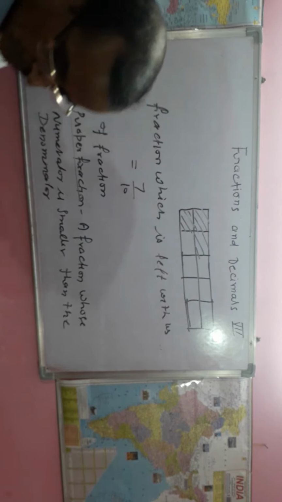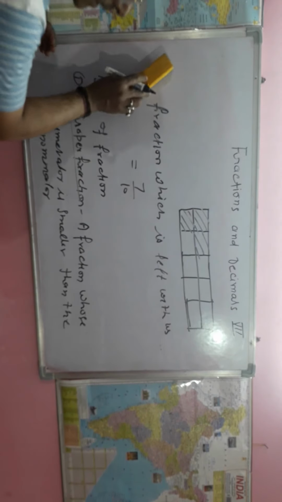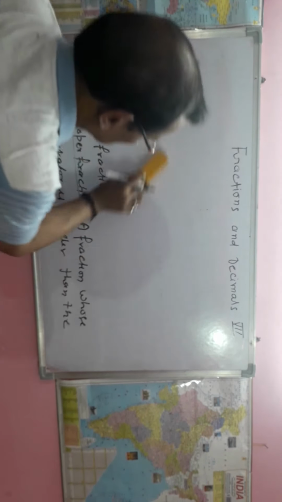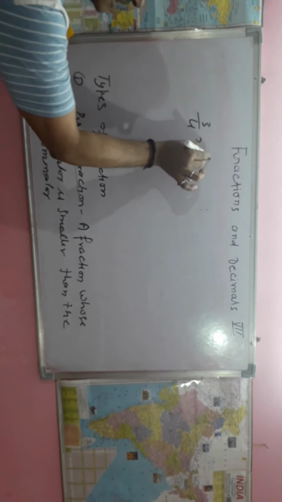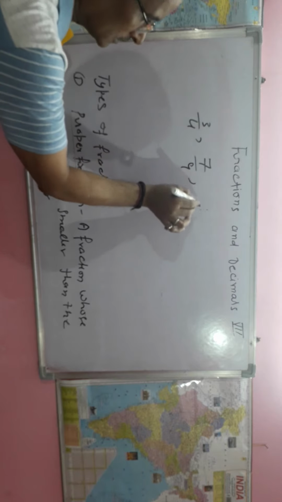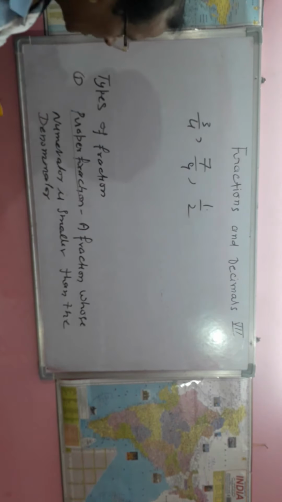Now we take some examples of proper fraction like 3 upon 4, 7 upon 9, 1 upon 2. These are examples of proper fraction.